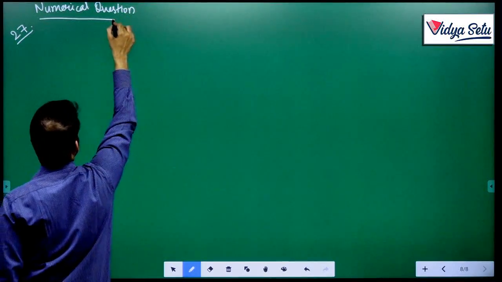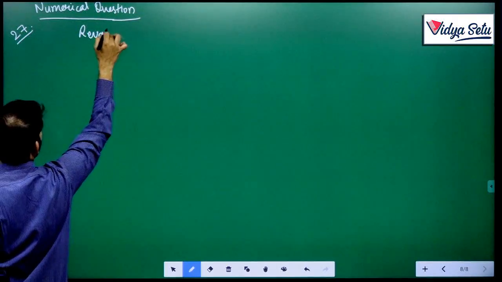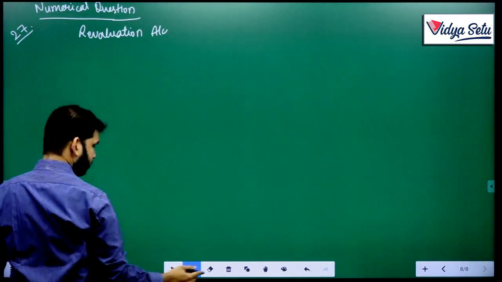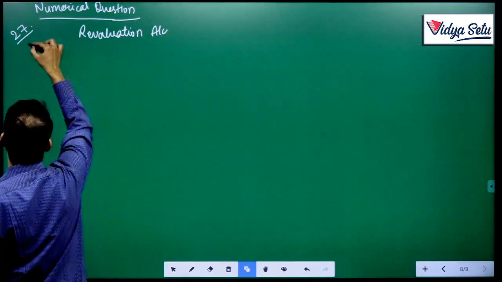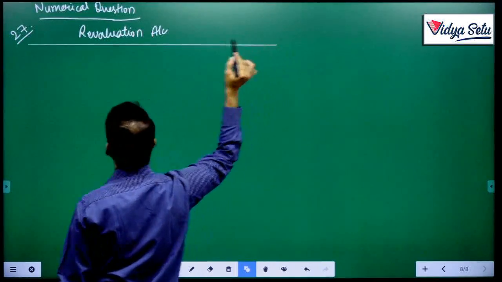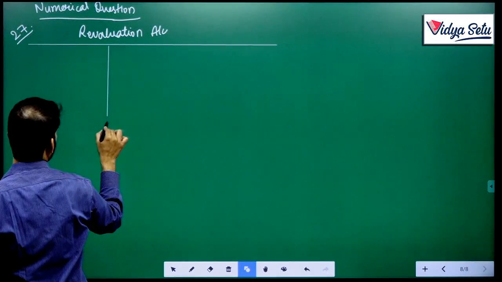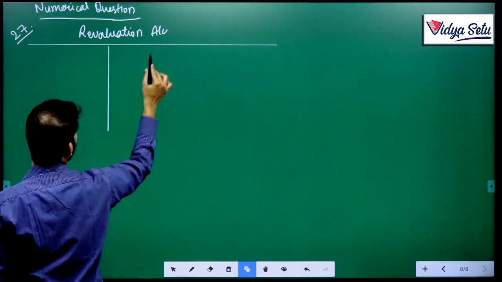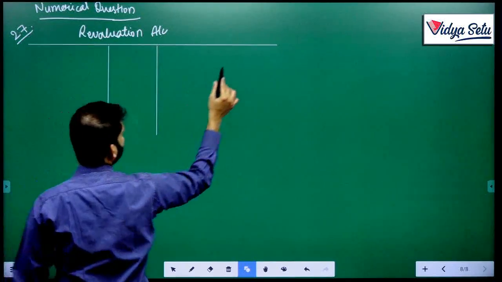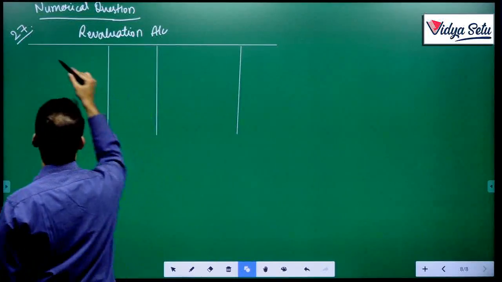Let's make little small accounts. Revaluation account. We don't need a big revaluation account because 2, 3 entries that side, and 4, 5 entries this side.